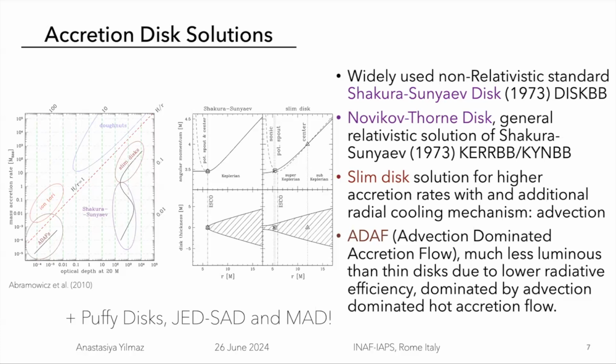In the Shakura-Sunyaev disk, it's a pure multicolor black body emission. So you basically have a specific black body emission at specific radii with a specific temperature, and what you end up seeing in your spectrum is the sum of them. But in the case of a Novikov-Thorne disk, it's a little bit different than that.